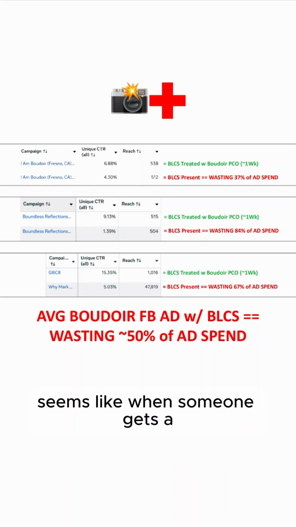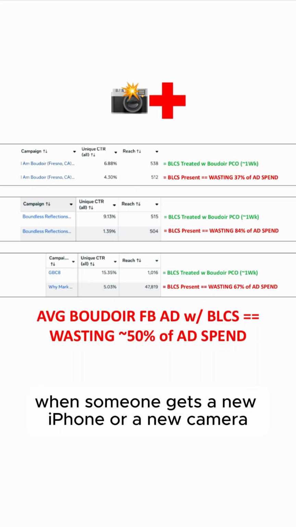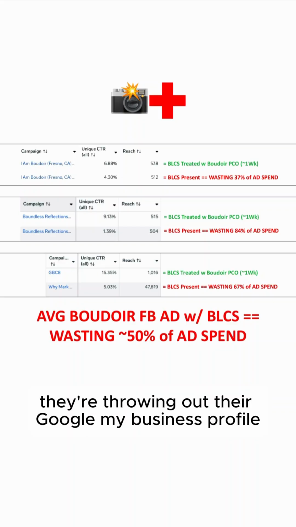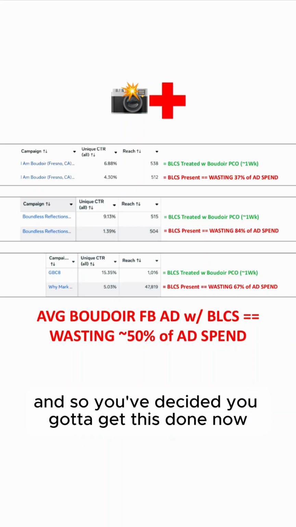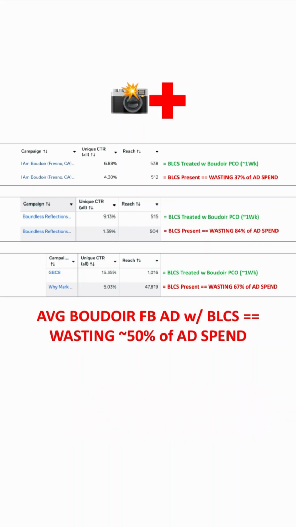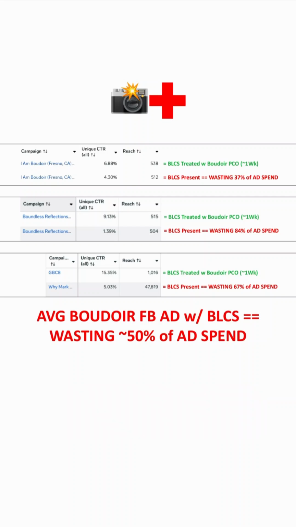Seems like when someone gets a new iPhone or a new camera, they're throwing out their Google My Business profile. And so you've decided you got to get this done now, got to pull this profit out now and become more efficient now, so you can get on the way to becoming the number one boudoir photographer in your city.